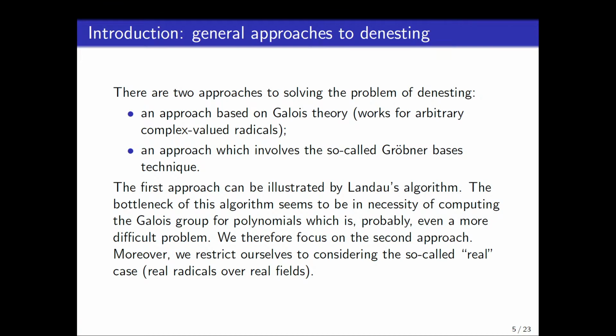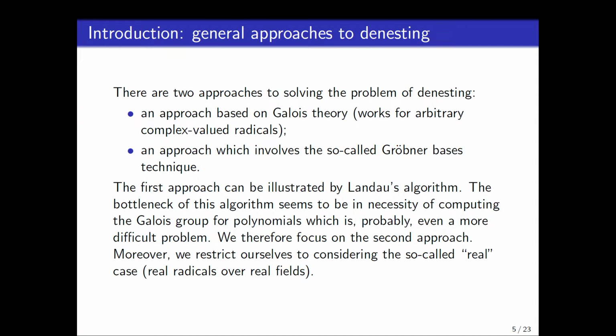Okay, the two main approaches to solving the problem of denesting are an approach based on Galois theory, and this approach deals with complex numbers, over the field of complex numbers.